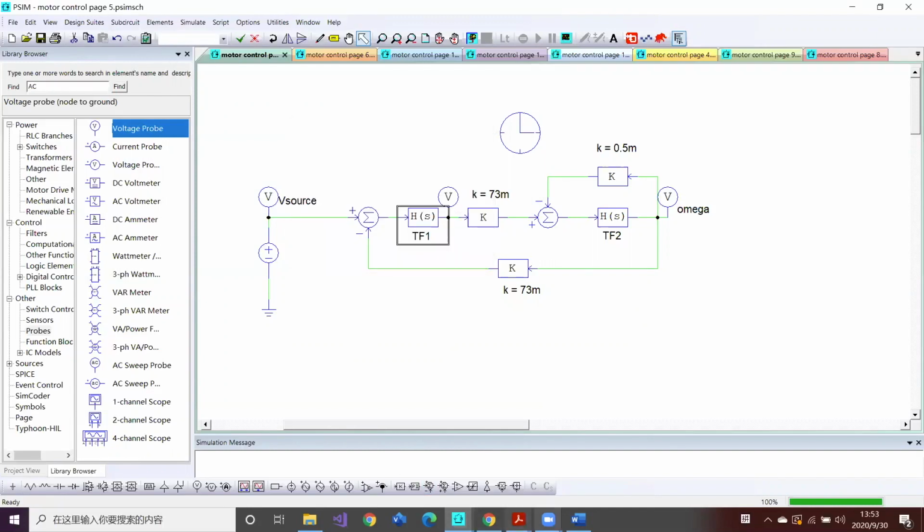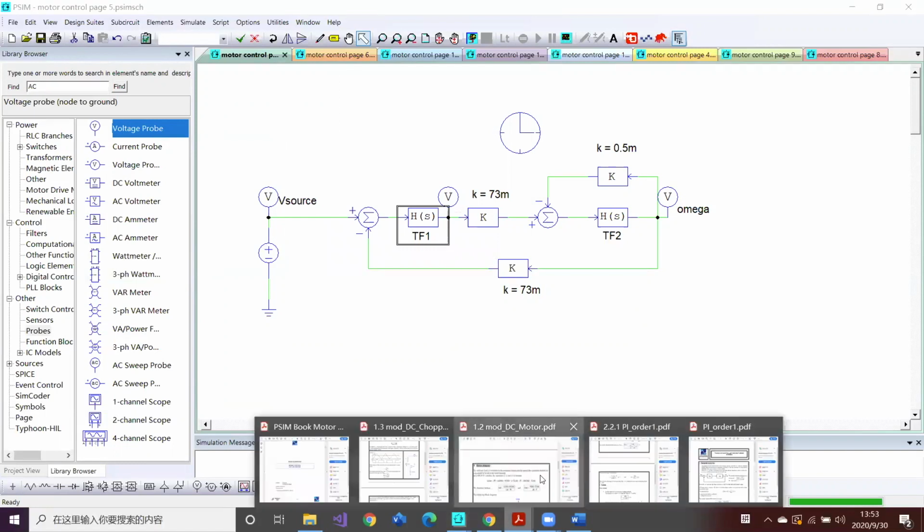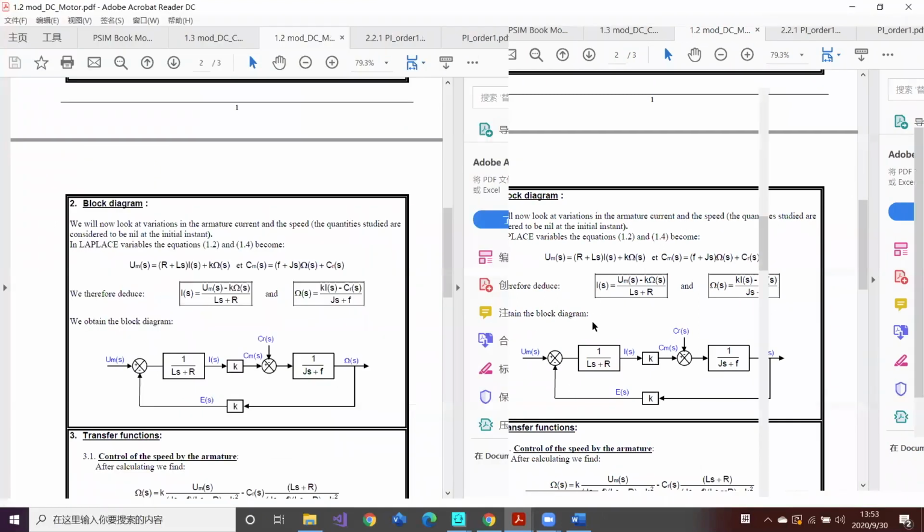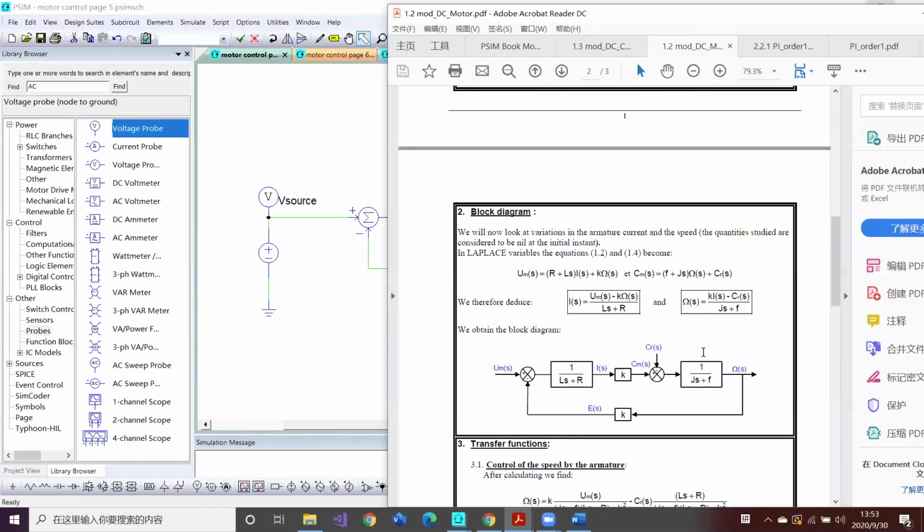And for our second one, which is this one, what we need to do is find our inertia and the friction.